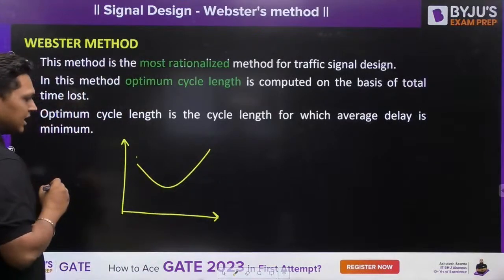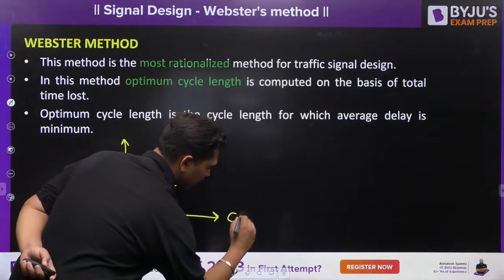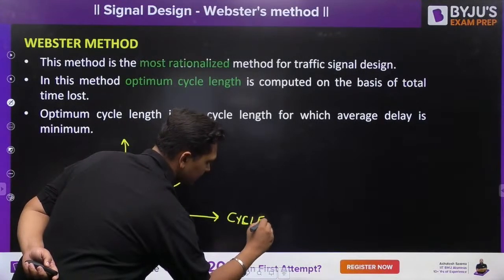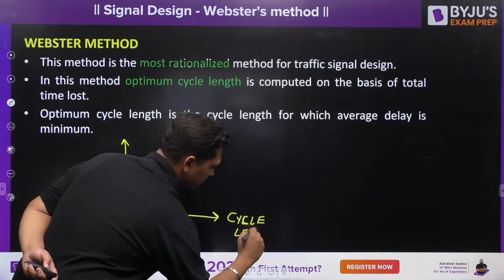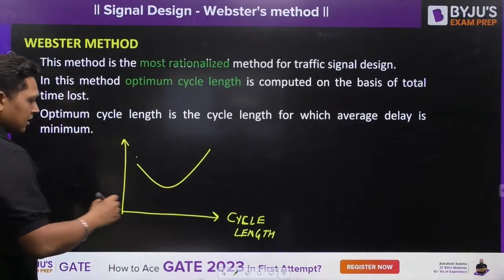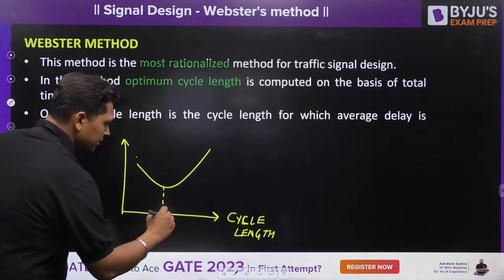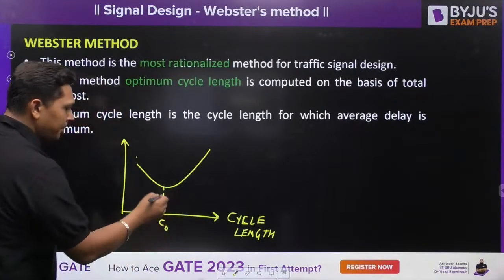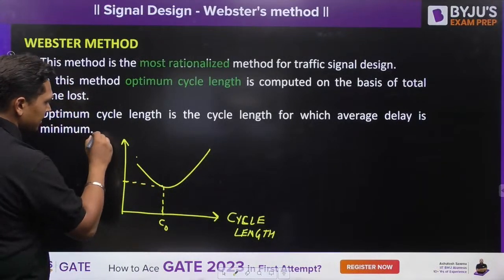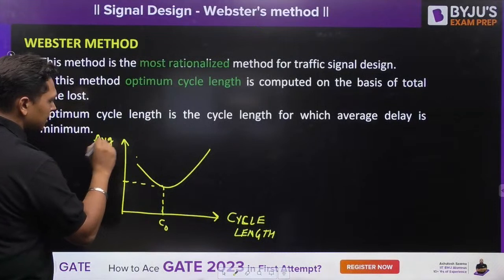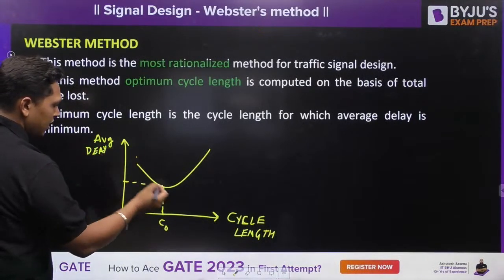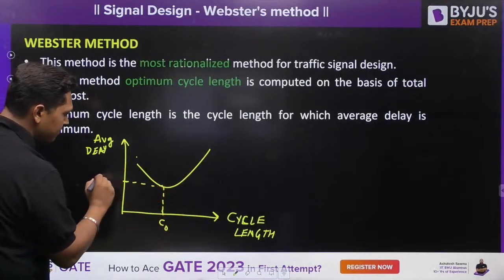So if the cycle length is this, your optimum cycle length, then with this optimum cycle length you will get the minimum average delay.